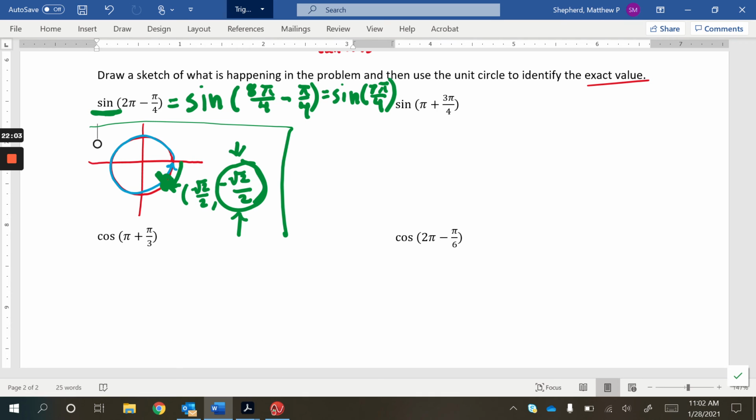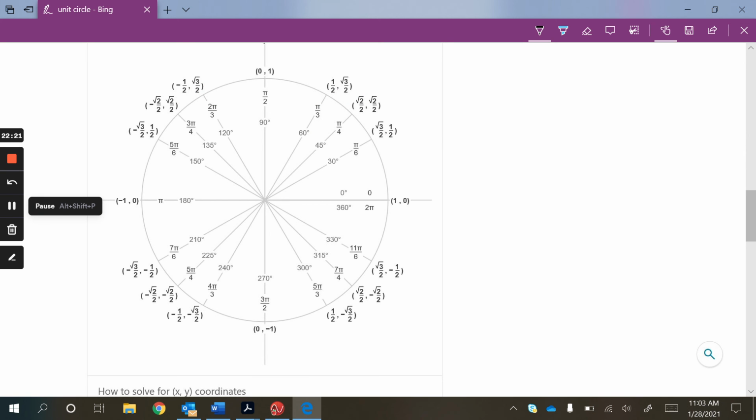All right, so this one, notice it says pi, so we're going to start out at pi. So we're over there on this side, and now it's adding a 3 pi fourths. So on a normal unit circle, we can find 3 pi fourths, and it looks like we come up, and 3 pi fourths would be right there in the middle.